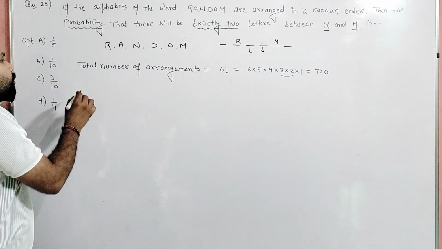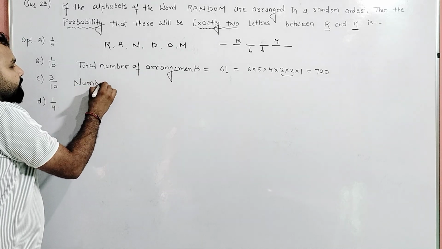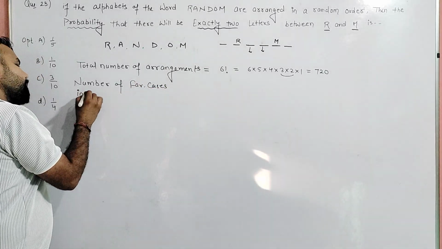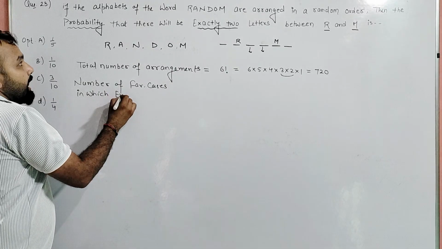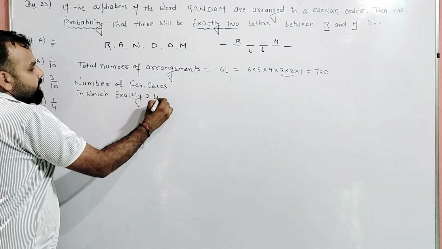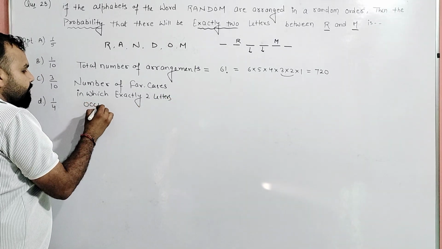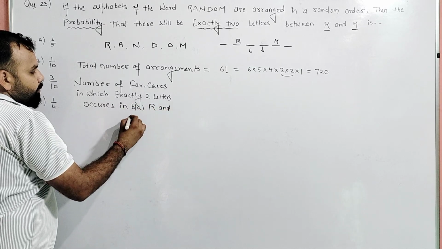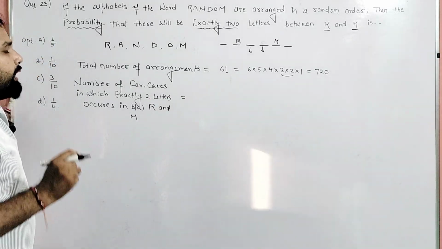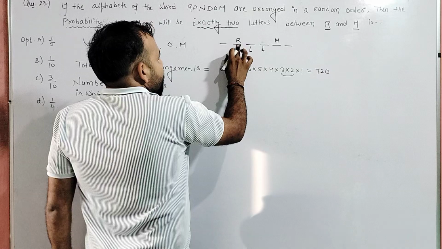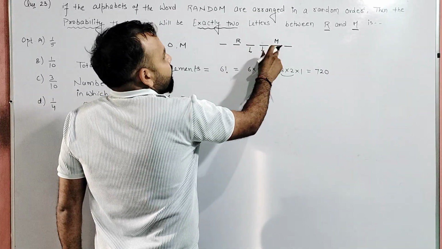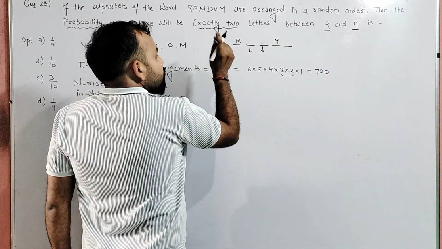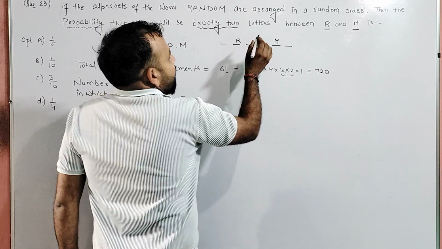But we need the number of favorable cases, in which exactly 2 letters occur in between R and M. So student, after fixing R and M, we need to select 2 letters out of 4 letters.